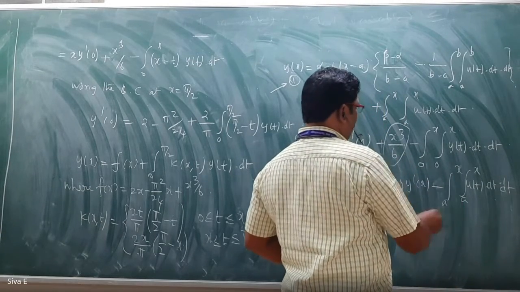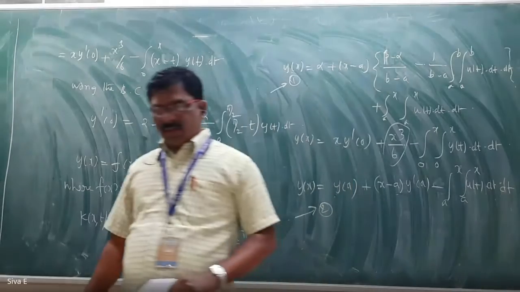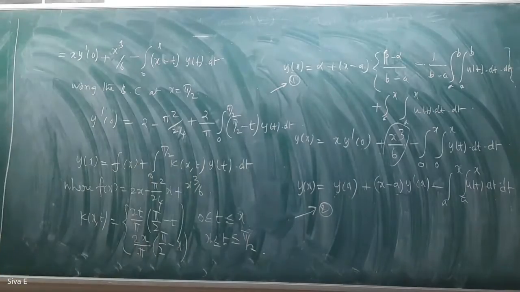But that x cube by 6 is there. How do you get that x cube by 6? One additional term is there. That is my doubt. Anybody able to try? The other steps are all okay.